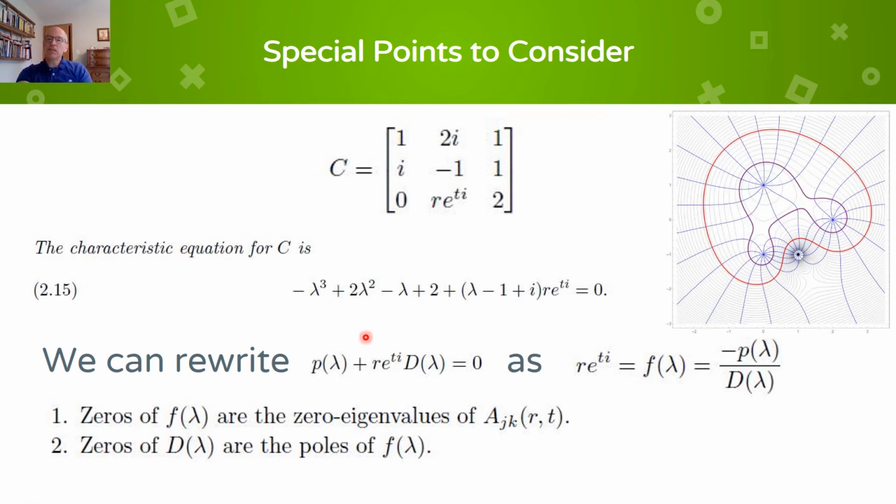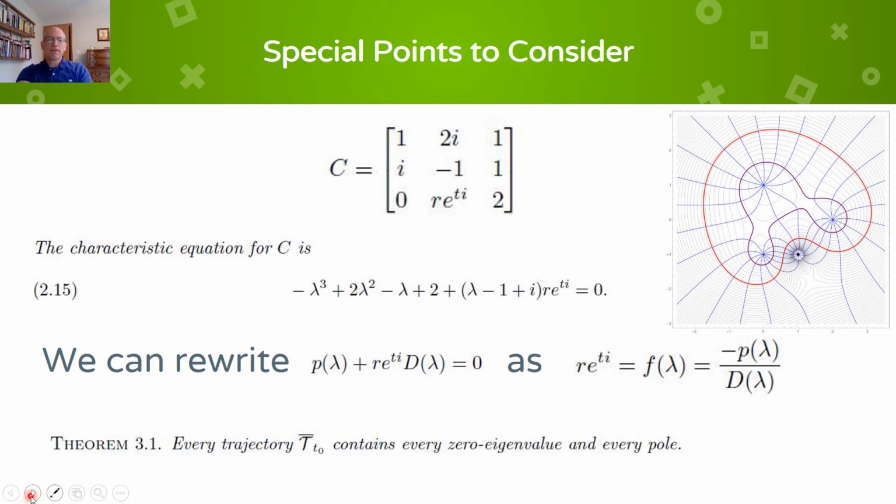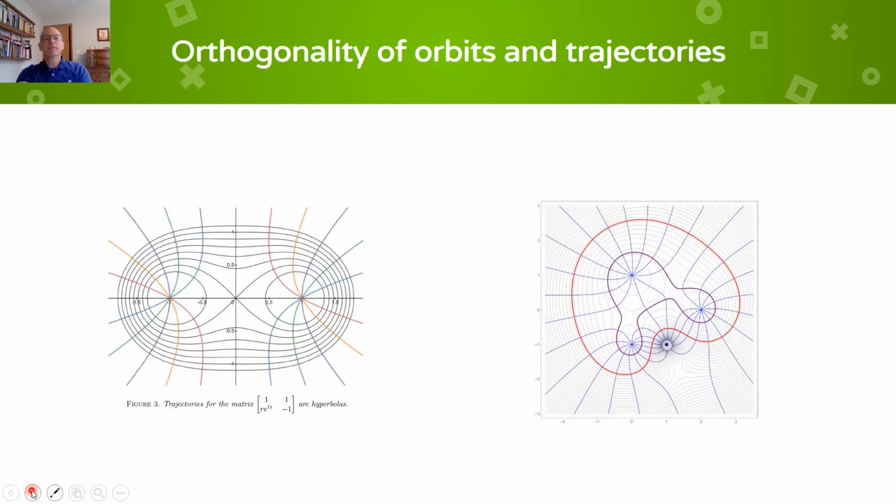And if I take the same matrix and graph lots of orbits and lots of trajectories, one thing you'll notice is that each trajectory heads right for that pole. And so we have a theorem that every trajectory contains every 0 eigenvalue and every pole. If you asked yourself when you looked at my pictures whether this is an orthogonal family of curves, that answer is yes.